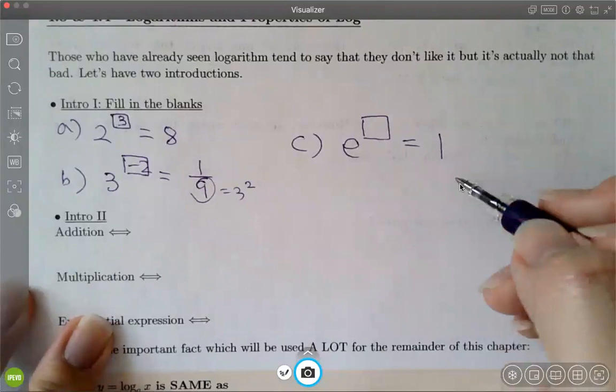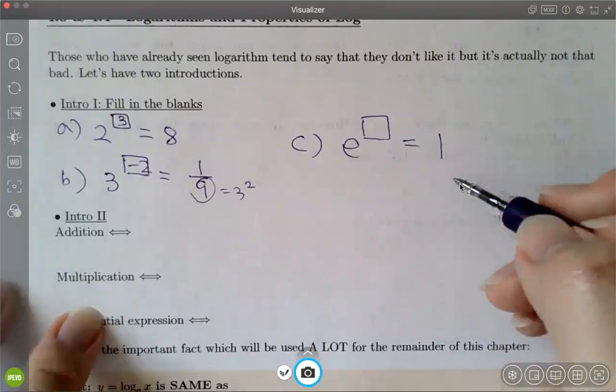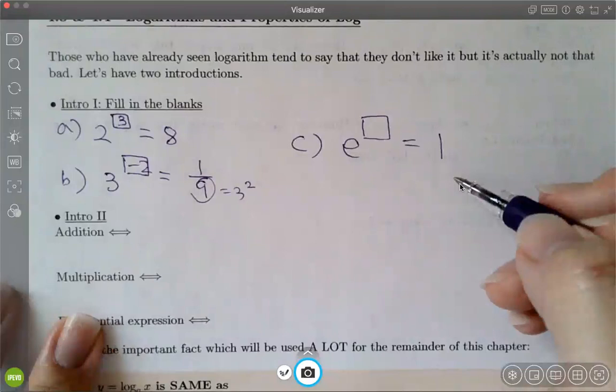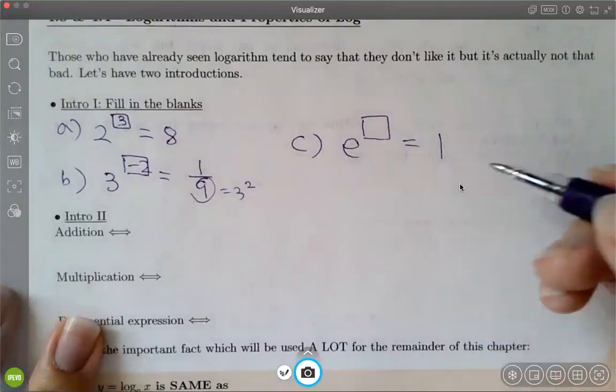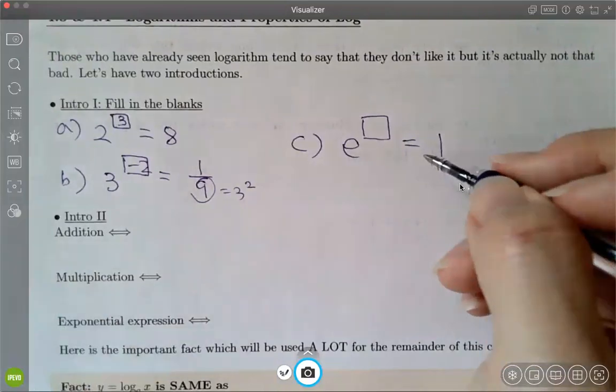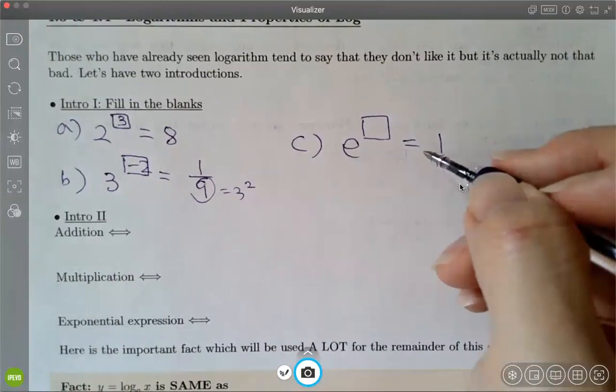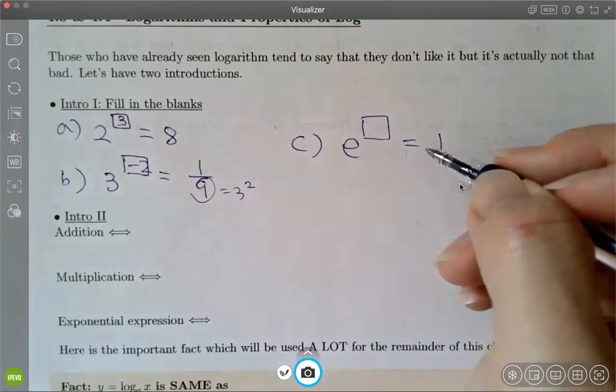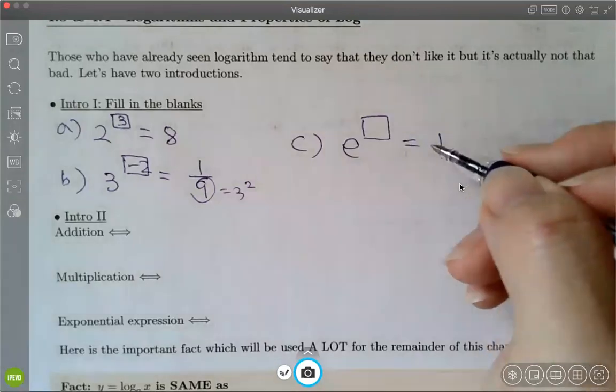And now e to the blank is 1. That should be easy. What should the blank be? 0.